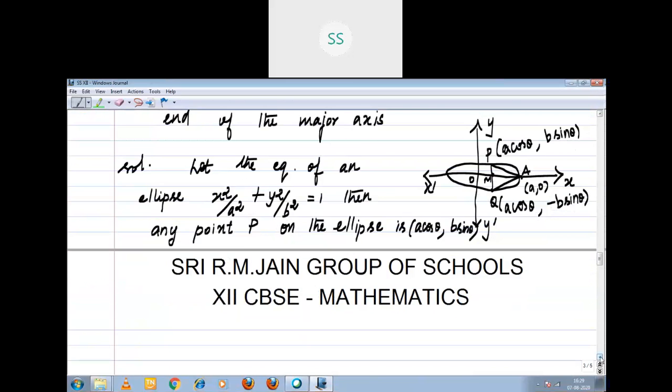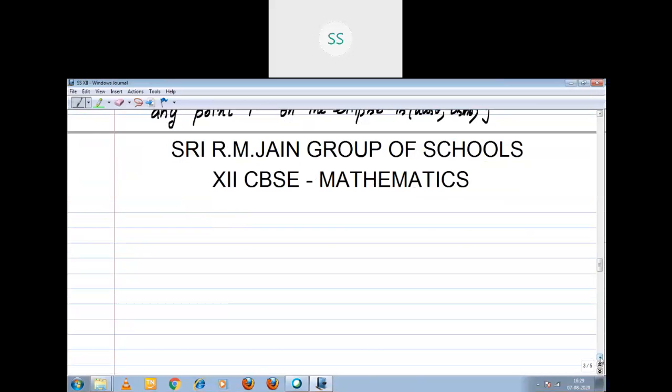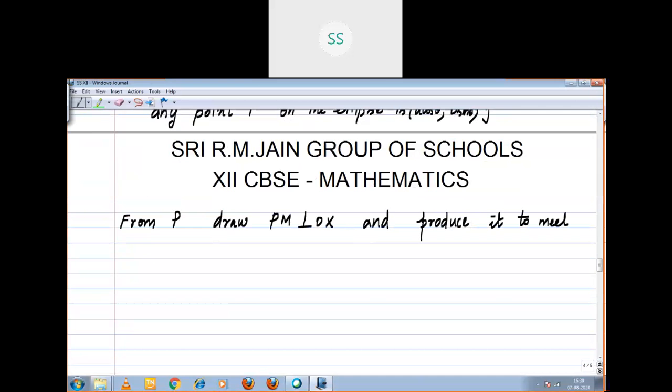It will meet the x-axis at M. From P, draw PM perpendicular to OX and produce that line to meet the ellipse at Q.